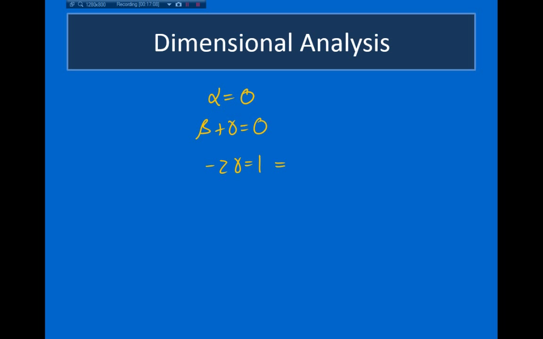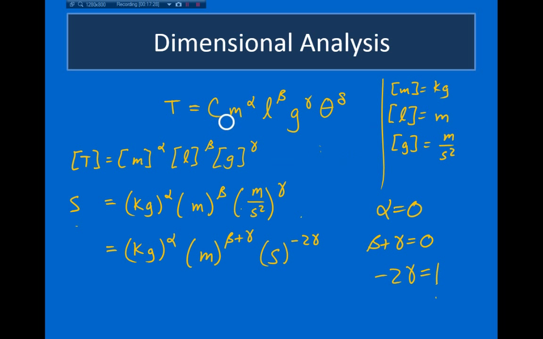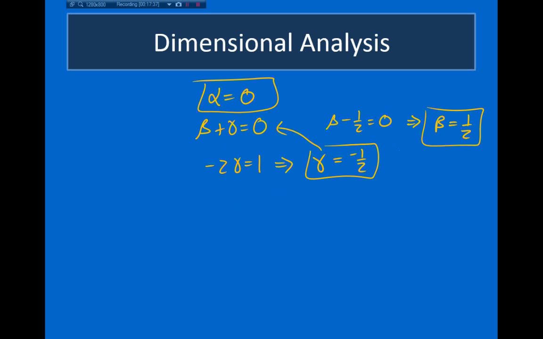Using the last equation, we can see that gamma is equal to minus 1/2. Using the second equation, if I plug this in, I have beta minus 1/2 equals 0, so beta is equal to 1/2, and alpha is equal to 0. Now if we go back to our original equation, c times m to the alpha power, the length to the beta power, and g to the gamma power, I just plug in for alpha, beta, and gamma.